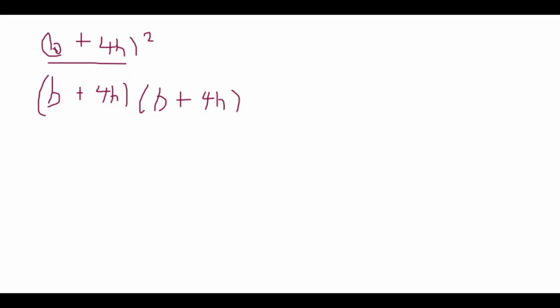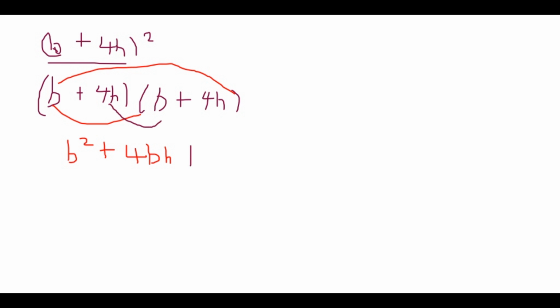So now we can expand the terms. b times b is b squared, and b times 4h is 4bh. 4h times b is 4bh.